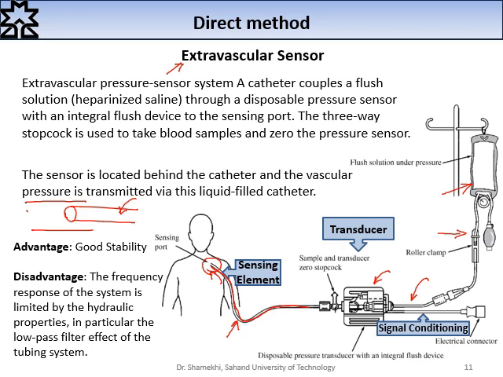This is the vessel. We have blood here. The pressure of the blood will transfer by the liquid inside this catheter to the sensing transducer.